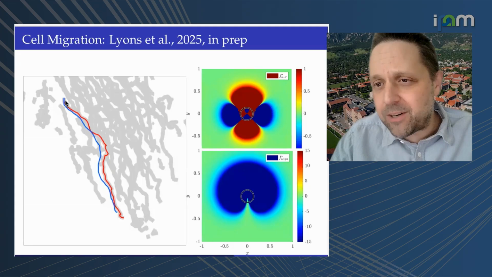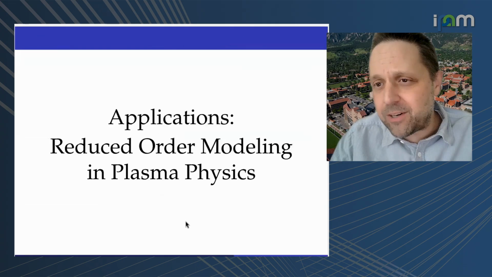But you can see the red one is in the middle of the pack. There's a lot of interactions between this cell and its nearby cells, and so we can learn the models pretty effectively.